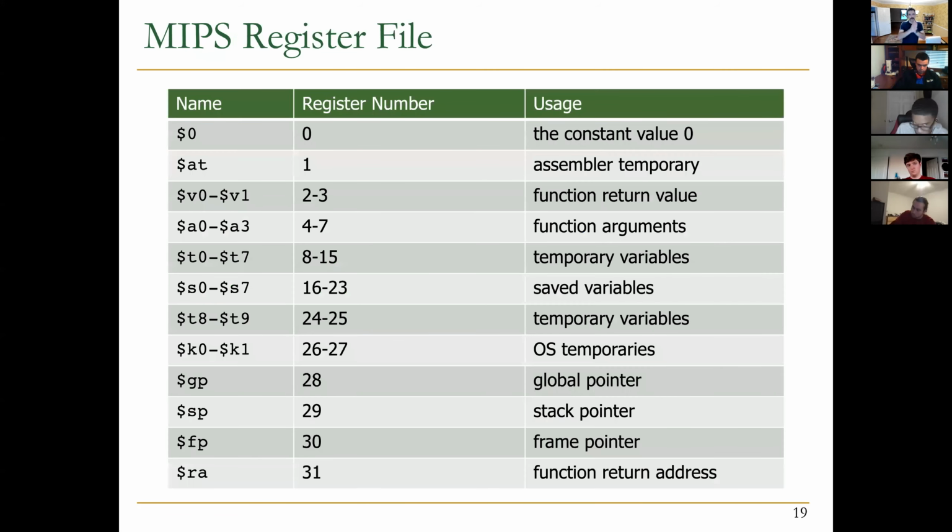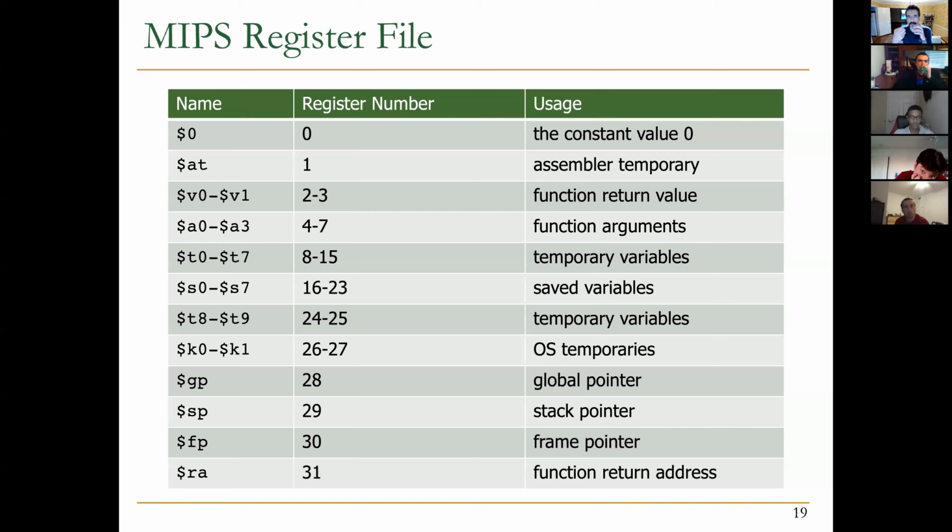And for MIPS, these are all 32 different registers that you can use for different purposes. On the top, you see $0. $0 is a very specific register which represents the number 0. You cannot change this register at all.